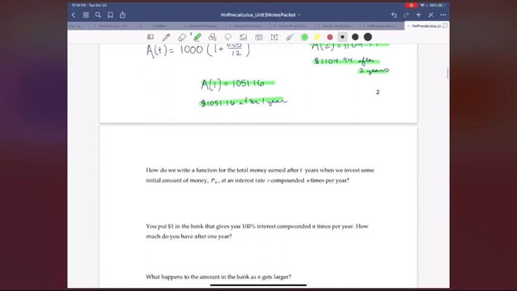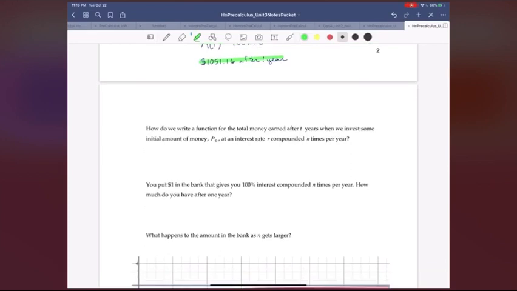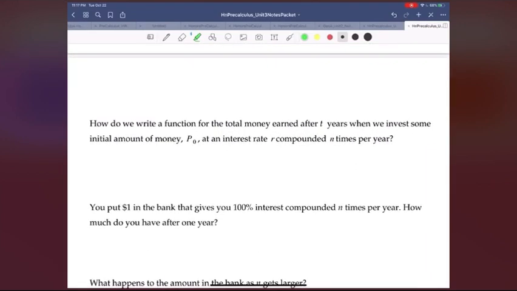So the next thing to figure out is, how do we write a function for the total money earned after t years when we invest some initial amount of money, P naught, the principal, at an interest rate r compounded n times per year. So let's break this down.